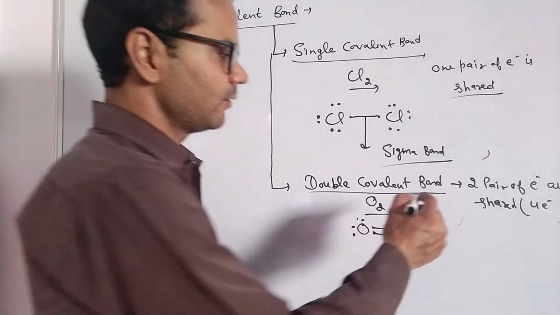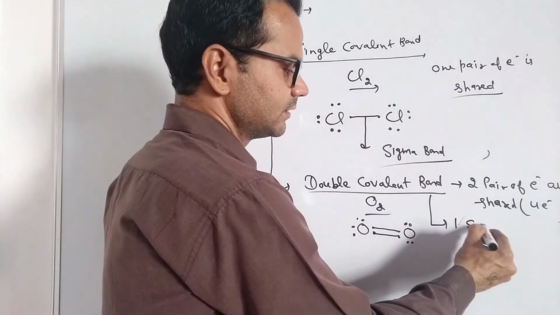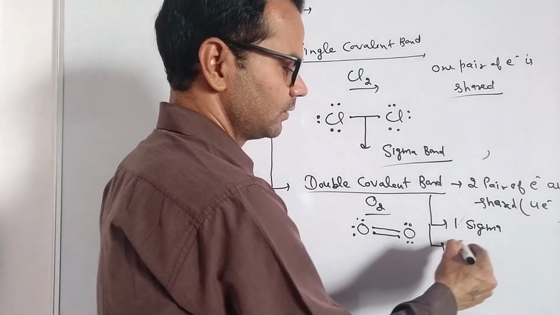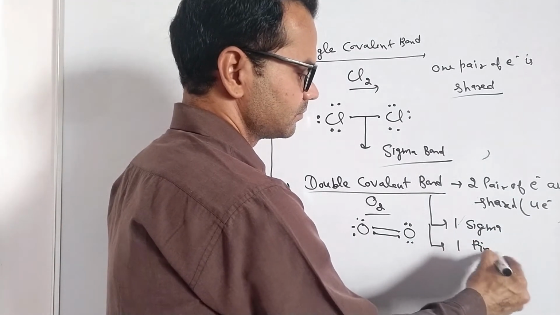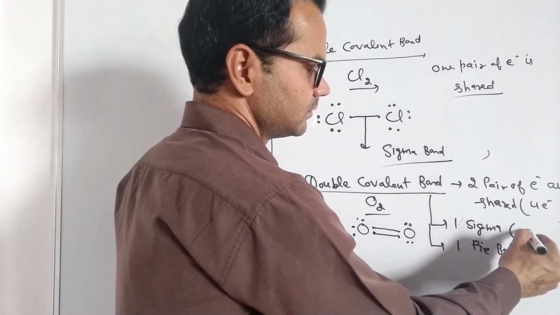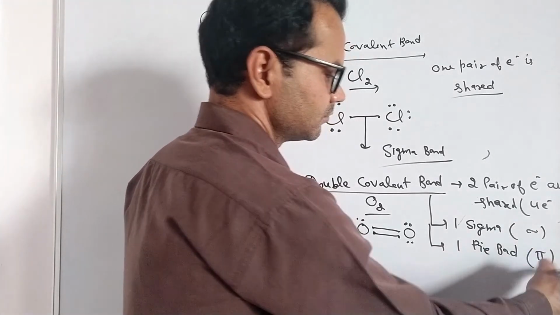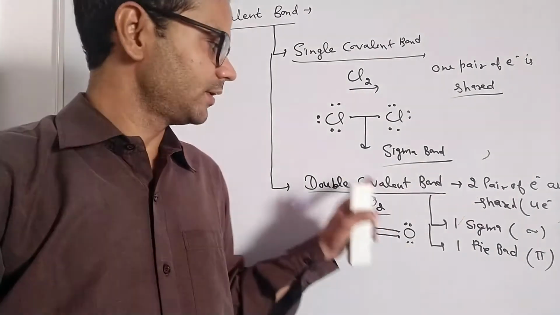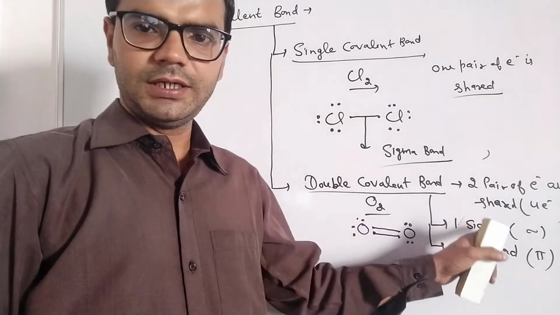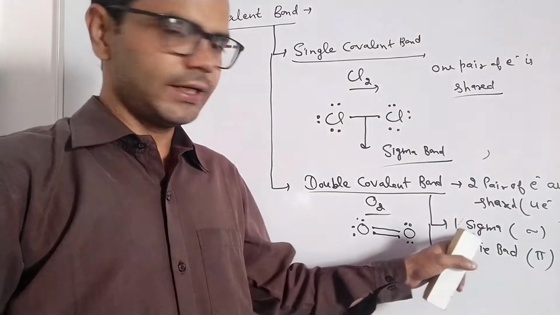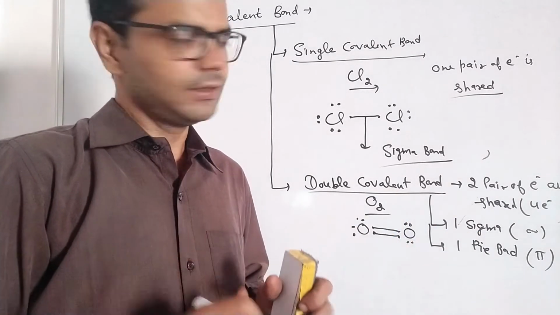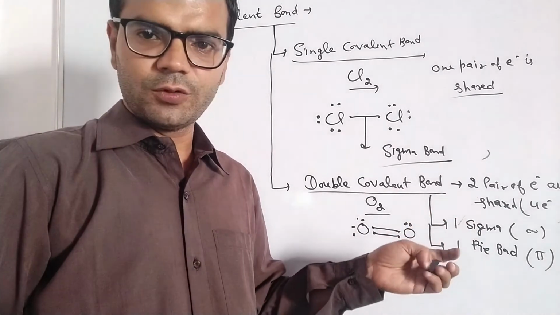But in a double covalent bond, one bond is sigma and the other bond is pi. So in a double bond, we have one sigma and one pi bond. A pi bond is formed by collateral overlapping and a sigma bond is formed by coaxial overlapping.